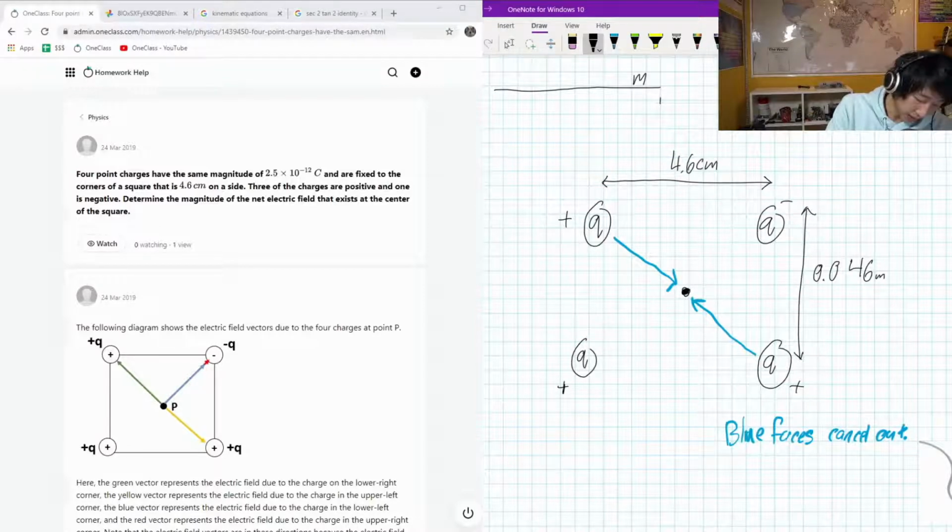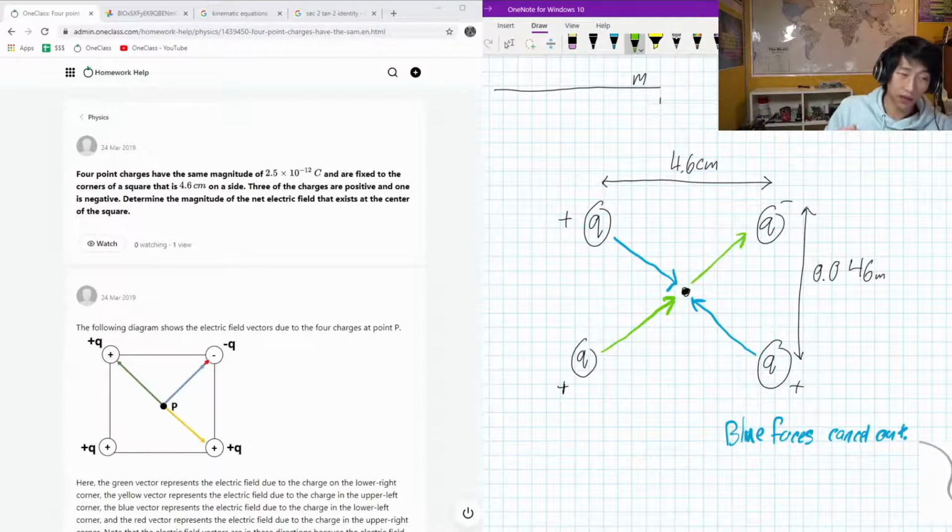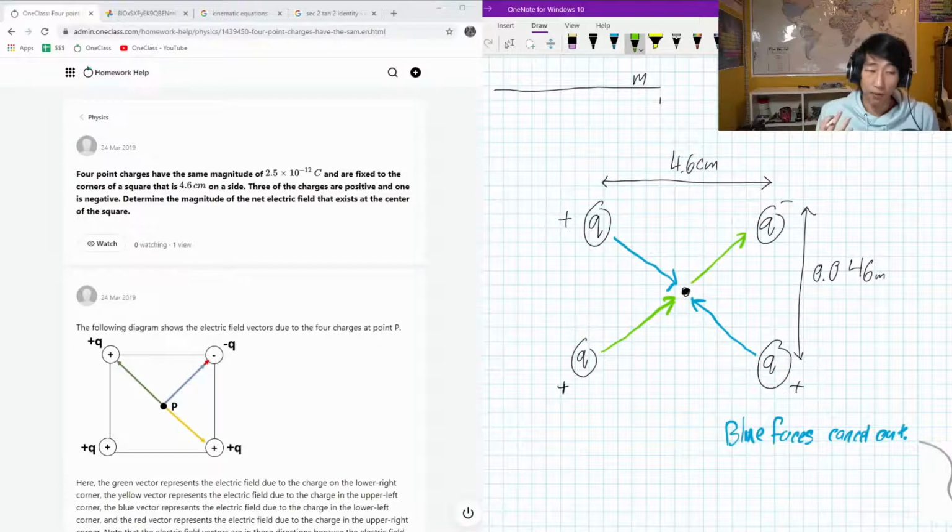But if we have the green forces here, we can see that this would be going that way, and this is also going that way, right? The convention is that the direction of the force is the direction a hypothetical positive charge would be pushed. Beside a positive Q it gets pushed away, beside a negative Q it gets pulled closer.